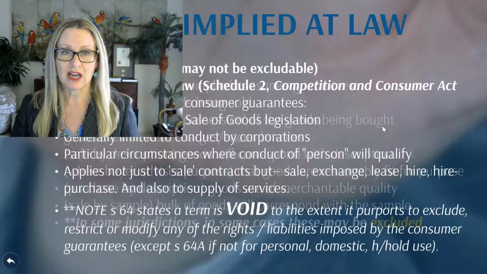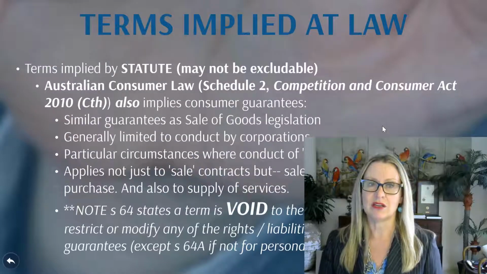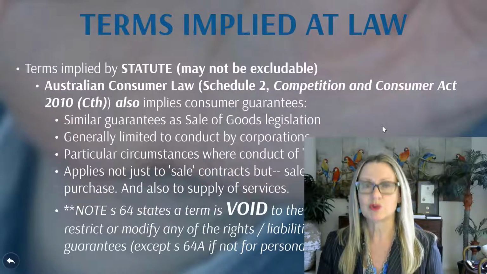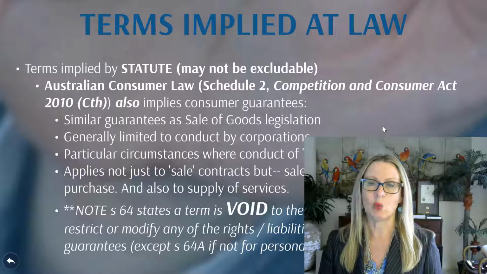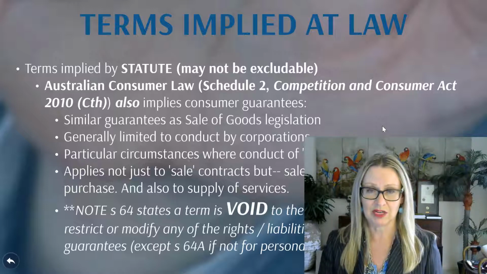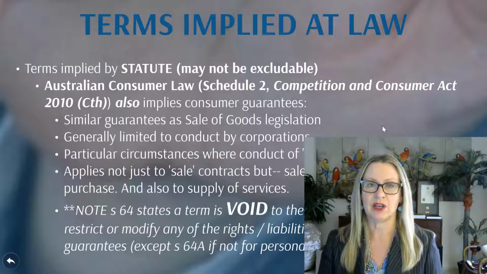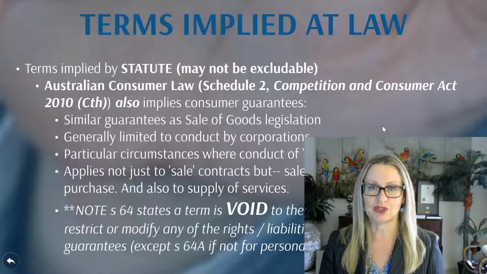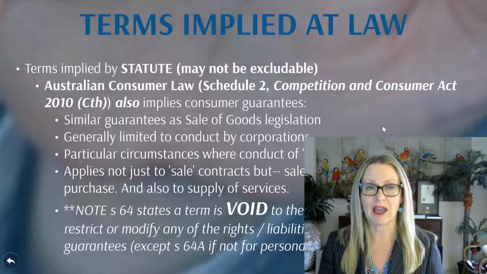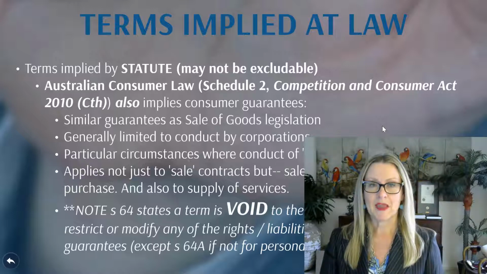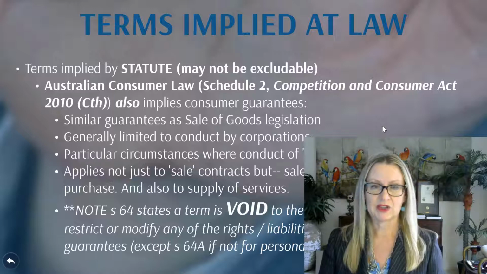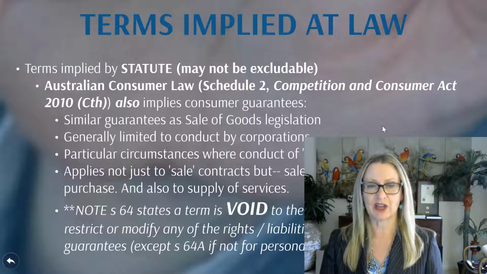However, this is in stark contrast to the Australian Consumer Law, which also includes a swag of consumer guarantees, and these are generally to be found in the Australian Consumer Law, which is Schedule 2 of the Competition and Consumer Act of 2010.